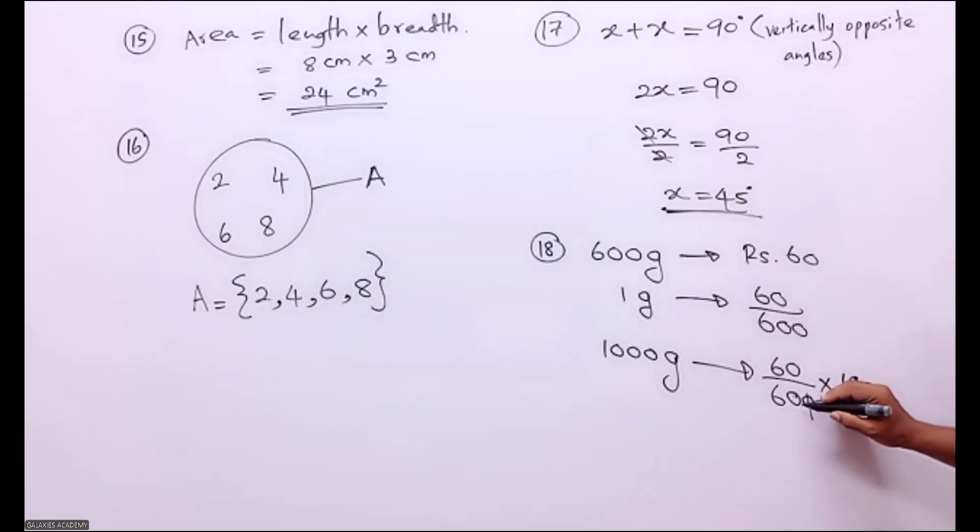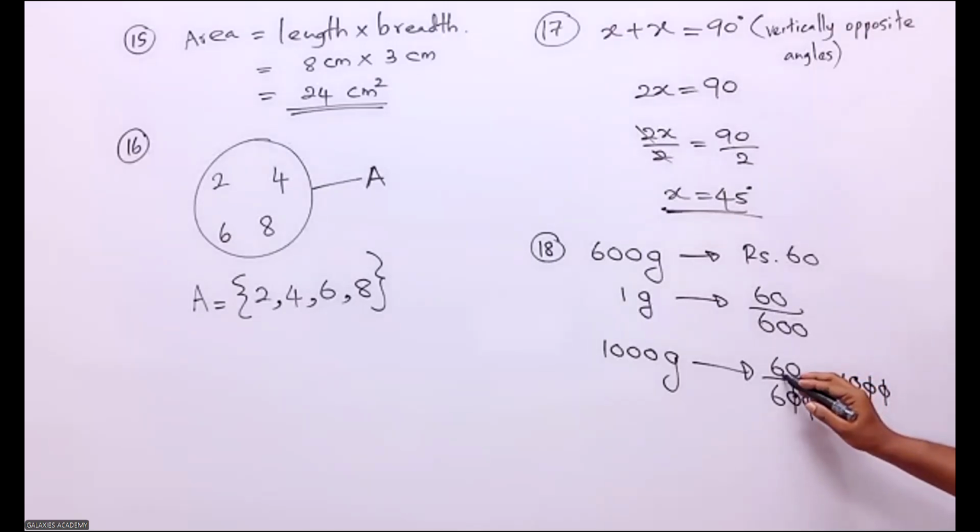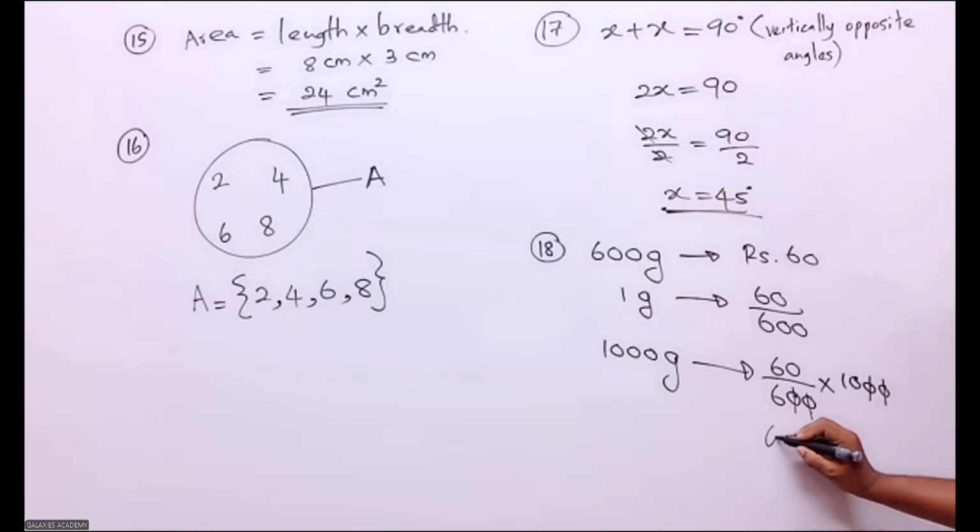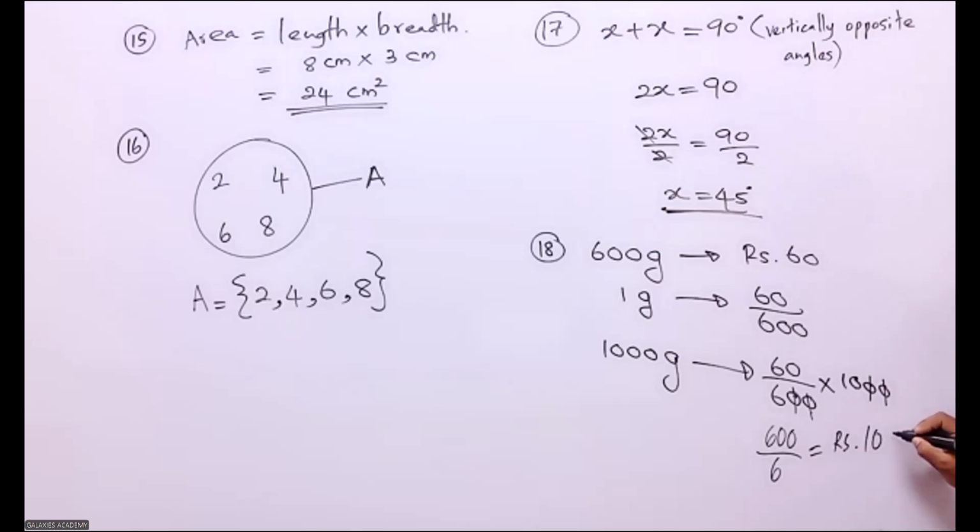These two zeros, this zero I can remove with this zero, and this zero I can remove with this zero. Then the answer is 60 multiplied by 10, 600. 600 divided by 6. So what is the answer? 100 rupees, right?